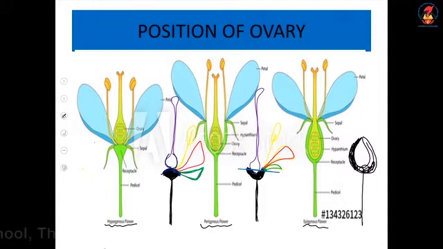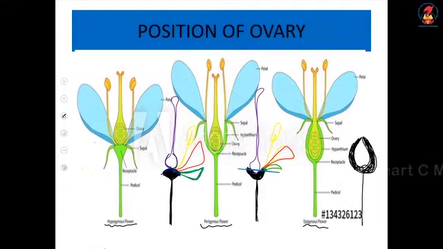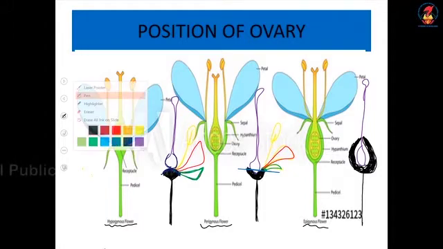It's like a deep cup with the margin meeting and fusing on top, and this cup encloses the ovary. See, the ovary is enclosed. So, here we can see the thalamus is like a very deep cup, and this cup encloses the ovary by the margins fusing at the top, and the ovary is located inside this.